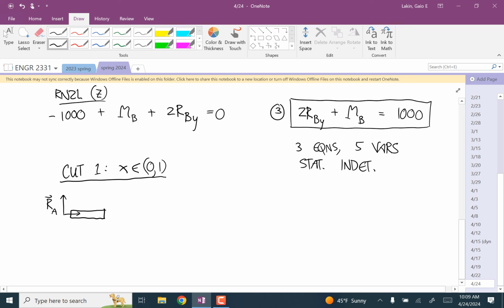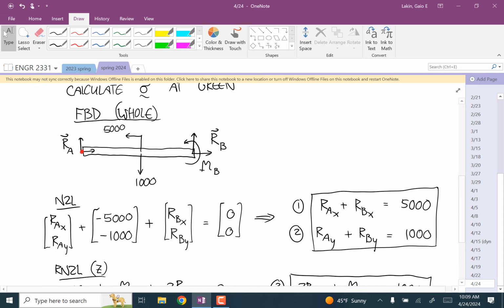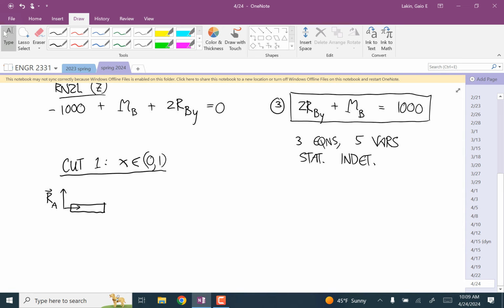We have the force RA. We haven't made it to the stuff at the middle yet. Remember, we're neglecting the weight. We don't have any distributed loads. And so the only other things we have are the internal loads, T, V, and M.